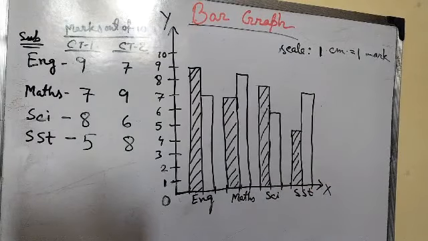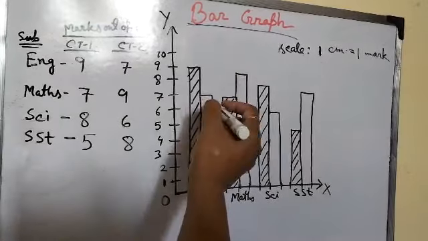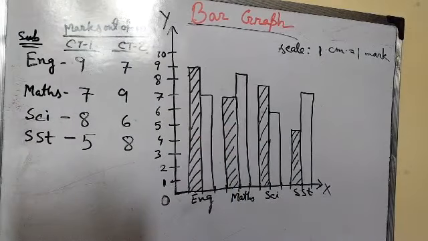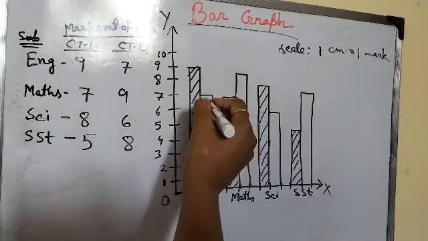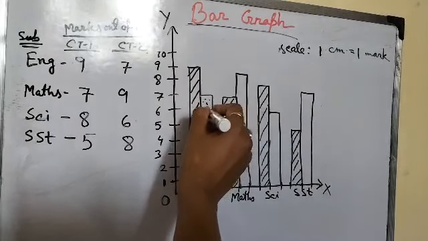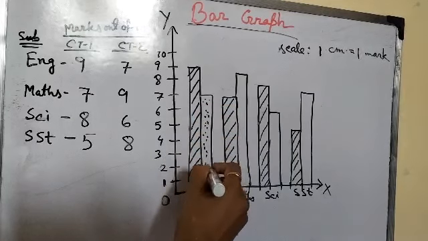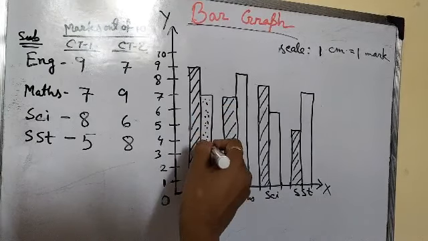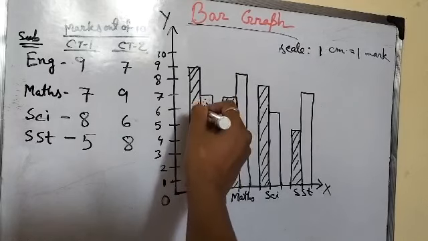Next for city 2, another type of design we have to give, that is suppose dot dot. This is for city 2 marks.